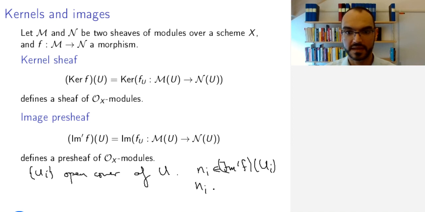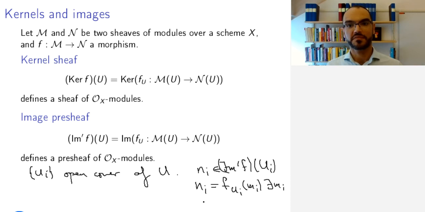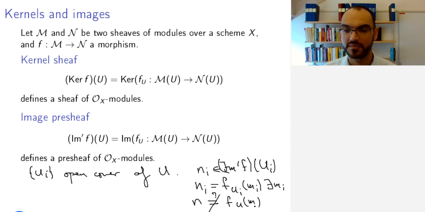This means that n_i is equal to F_{U_i} of some m_i. But there is no reason to expect that all these will glue together to the image of one single m. So I can glue together these n_i to some n, but it is not in general true that this is F_U of one and the same m.